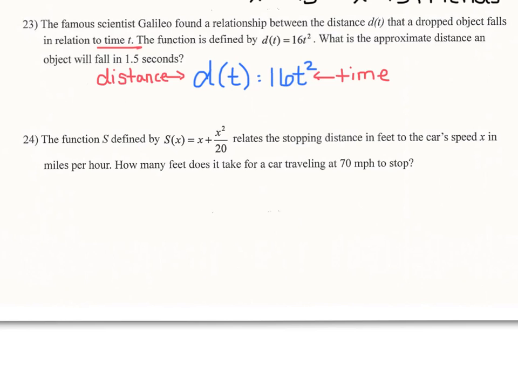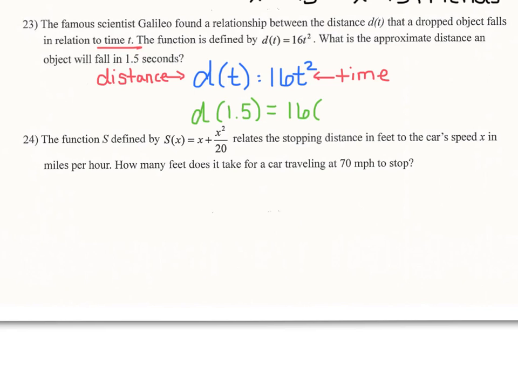Okay, so that's really your first goal with one of these problems. It doesn't matter if you know anything about Galileo or physics. You just have to be able to find the equation and plug the right numbers in. So you've got 1.5 seconds. That's your time value. So I'm just going to put 1.5 in there for t. So I'm doing d of 1.5, because I'm plugging 1.5 in for t.